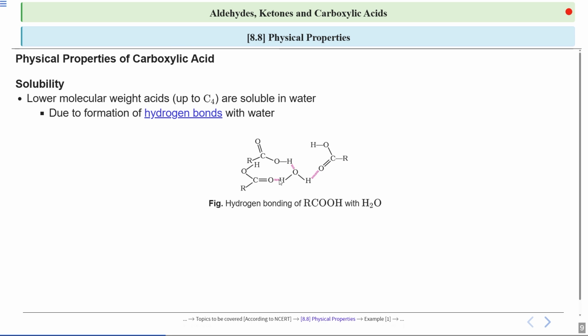This carbonyl oxygen is hydrogen bonded with this hydrogen of the water molecule. Similarly, this oxygen of water is hydrogen bonded with this hydrogen of carboxylic acid. So this interaction is essential for solubility in water.